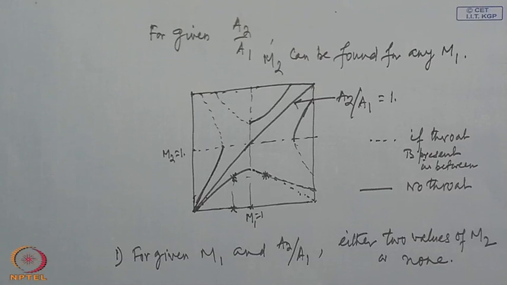When there is a throat in between, M 2 can be either subsonic or supersonic, depending upon the pressure imposed at the inlet and at the outlet. If the flow downstream of the throat is subsonic, then the duct acts as a venturi, where both in the converging and diverging part the flow is subsonic.